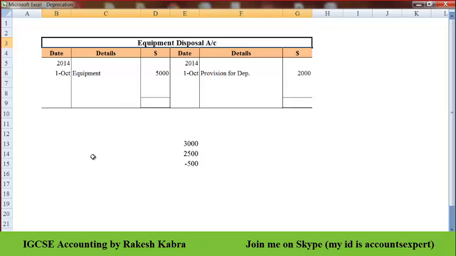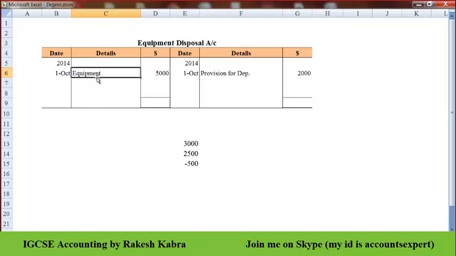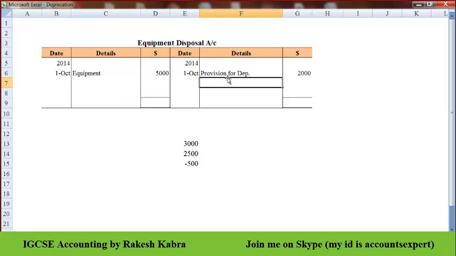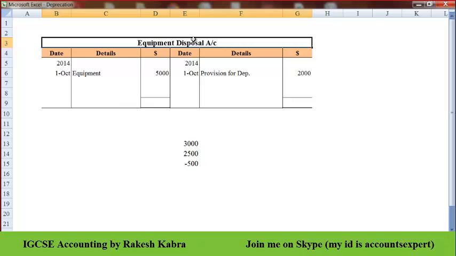So understood the procedure? Whenever we sell any asset, first we transfer the cost of that asset from the asset account to the asset disposal account. After that we transfer the related depreciation from the provision for depreciation account to the equipment disposal account.